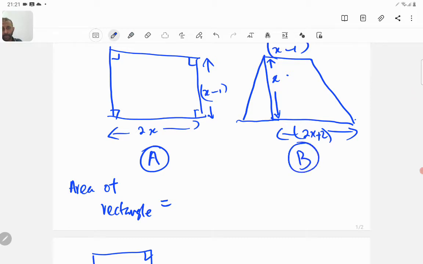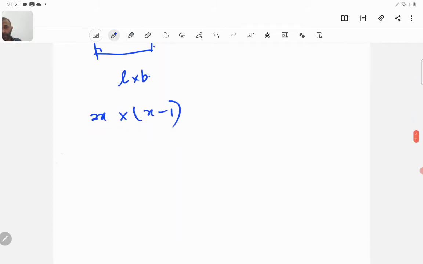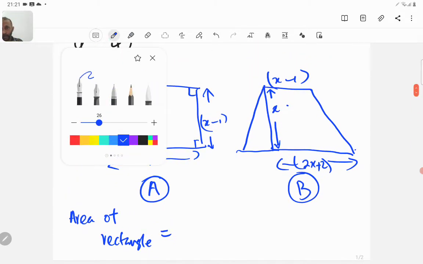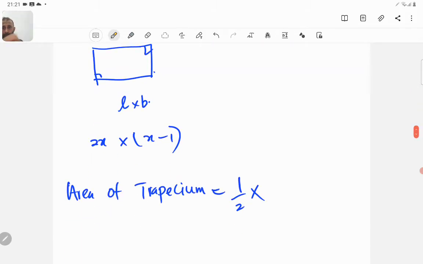And diagram B is a trapezium. The area of the trapezium is half into the total of this length and this length, into the perpendicular height.